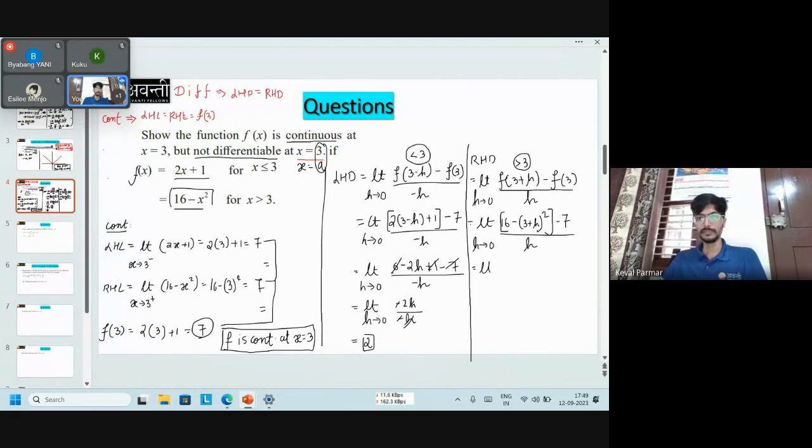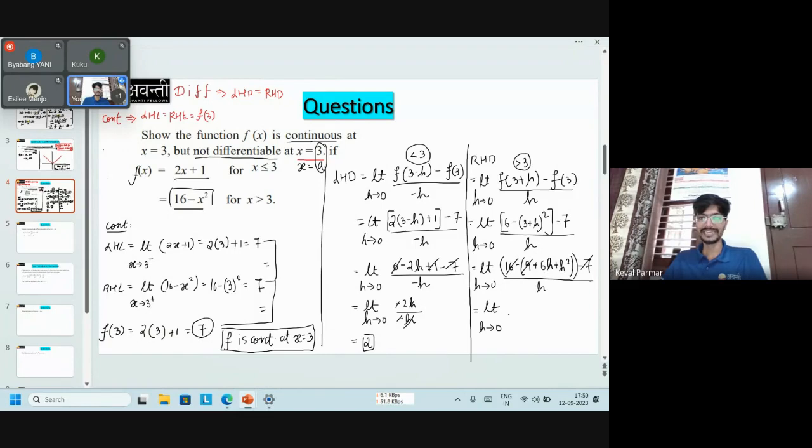So this will be limit h tends to 0. Open this bracket. 16 minus a square plus 2ab plus b square, minus 7 upon h. So I'll be getting 16 minus 9 is 7 and 7 minus 7 gone. I'll get limit h tends to 0.